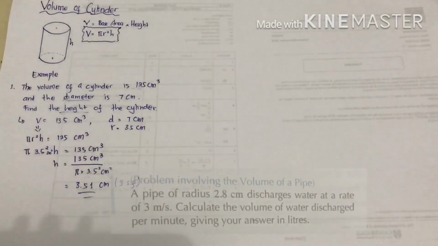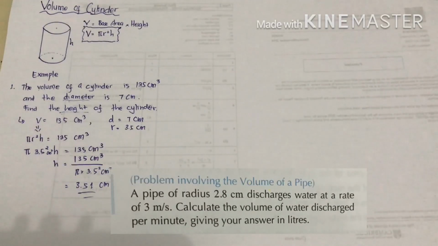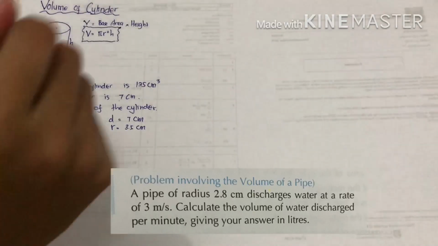Easy, right? Now a problem involving the volume of a pipe. Let's see the question here. A pipe of radius 2.8 centimeter discharges water at a rate of 3 meter per second. Calculate the volume of water discharged per minute, giving your answer in liters. So let's write what is given.